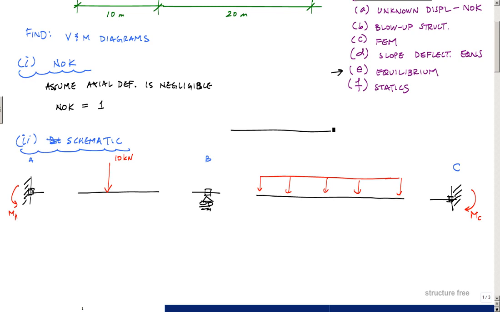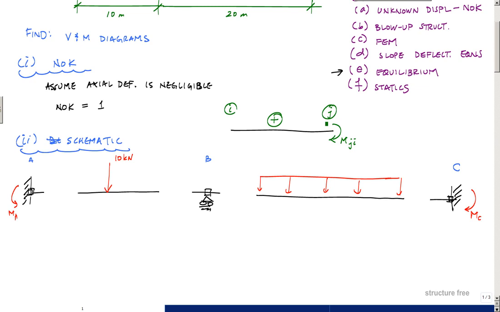In this schematic, I only need the internal moments. But one thing you want to pay attention to is positive sign convention. In the slope deflection equations, or the way that they were derived, a positive moment at the end of a member is clockwise. It doesn't matter which end you're on, but if this is end I, and here's end J, this is MJI.